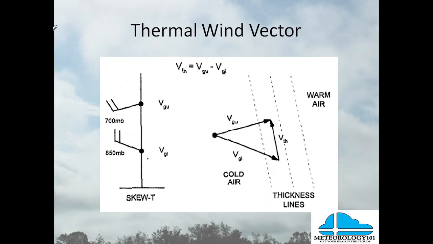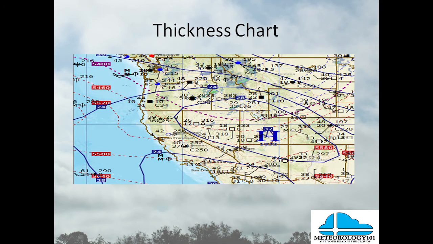All right, so here's a thickness chart. We have the surface pressure, with the isobars, and they're crossing the thickness lines.